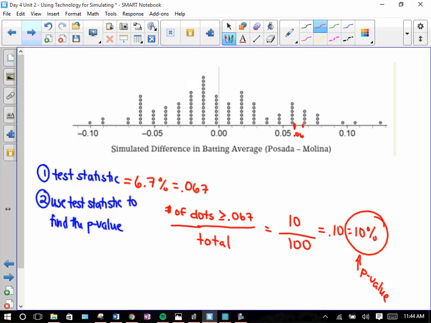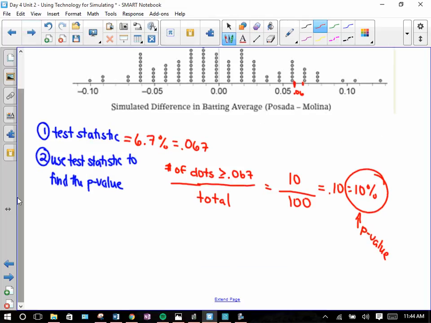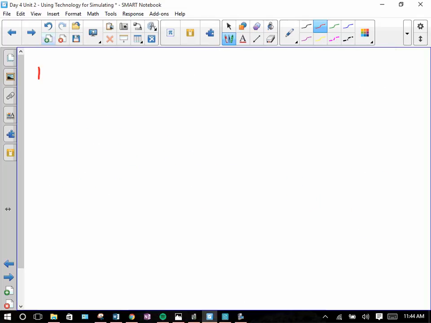Okay. Now we need to look at those guidelines for drawing conclusions. First, we have a p-value of 10%. The first guideline was p-value less than 1%. Is our p-value less than 1%?